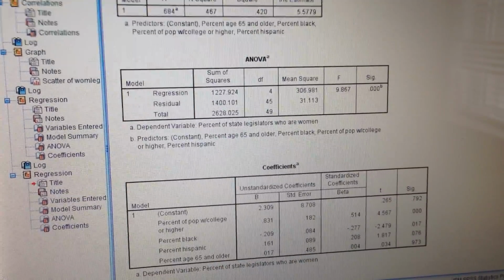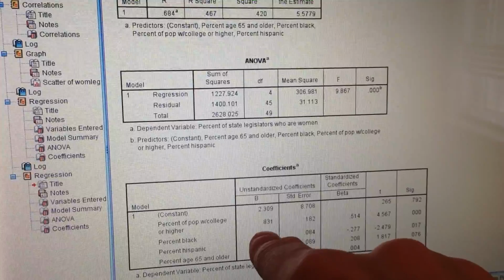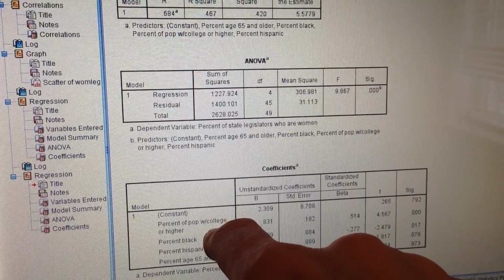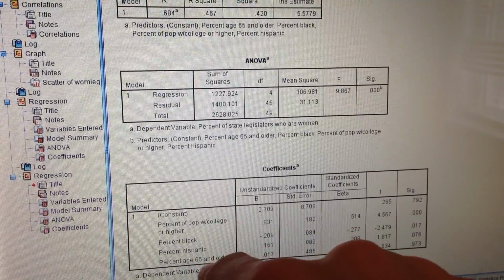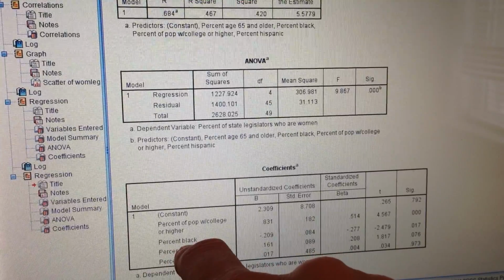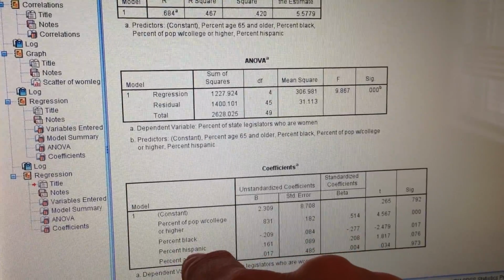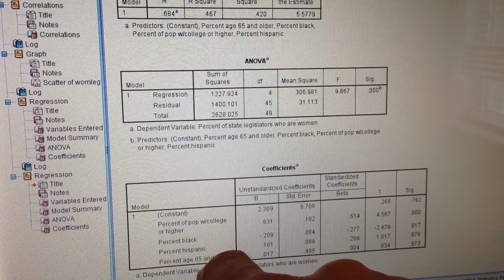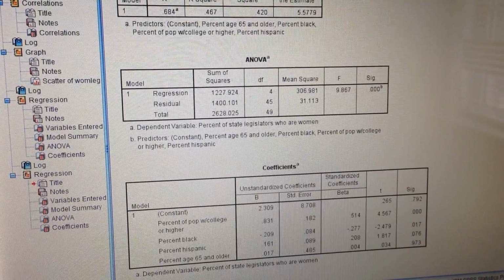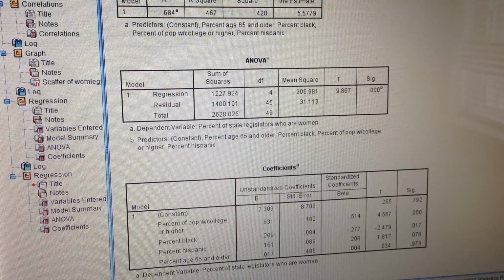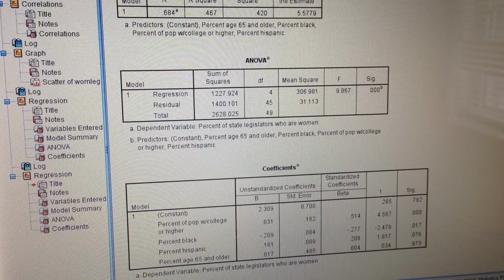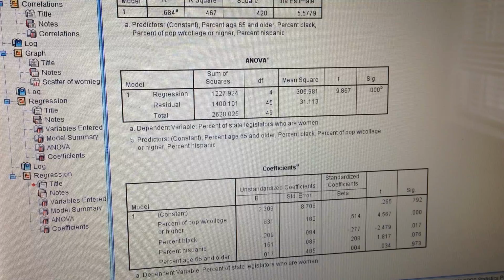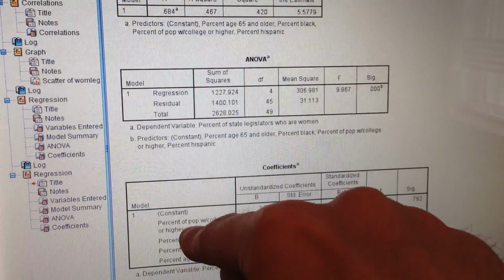In other words, this is telling us the independent effect of the college variable when we control for the percentage of a state's population that is Black, the percentage that is Hispanic, and the percentage that is age 65 or older. Okay? What's neat about regression analysis is that it tells us the effect of an independent variable on the dependent variable even when these other variables are controlled.